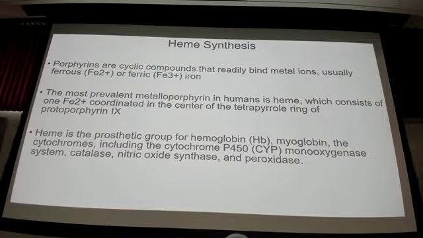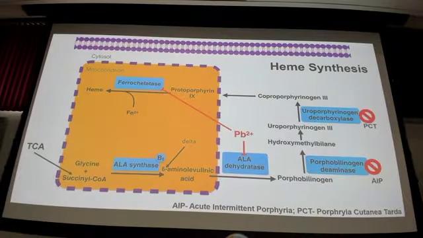This pathway involves multi-organelle steps, so it occurs in the cytosol and mitochondria of liver and bone marrow cells. You see it's blocked by iron at two key enzymes, and by lead at two key enzymes, aminolevulinic dehydratase and ferrochelatase, which will cause some presentations in your patients.